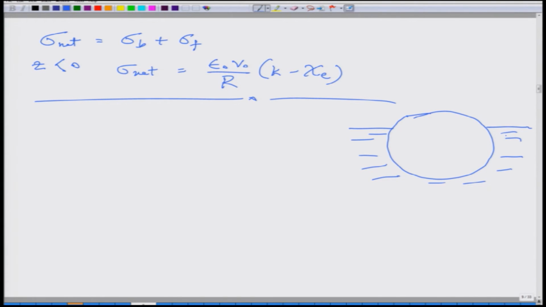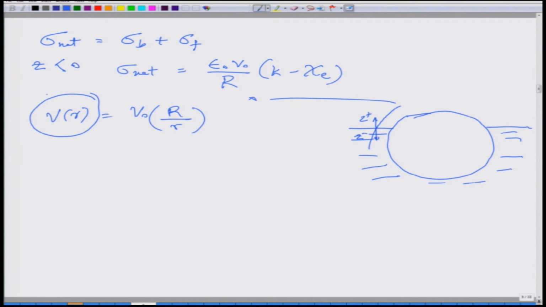First of all, that potential V R that we just got before should satisfy all the necessary boundary conditions. Now if we consider this potential, if we construct an equipotential surface here, we should be able to say that the potential at Z plus should be equal to the potential at Z minus, which will not be the case if you consider this particular VR.